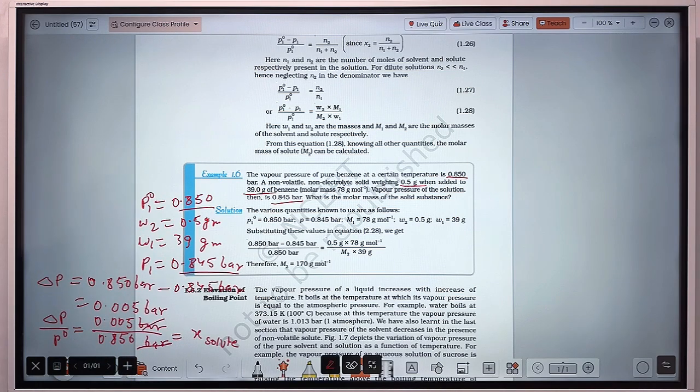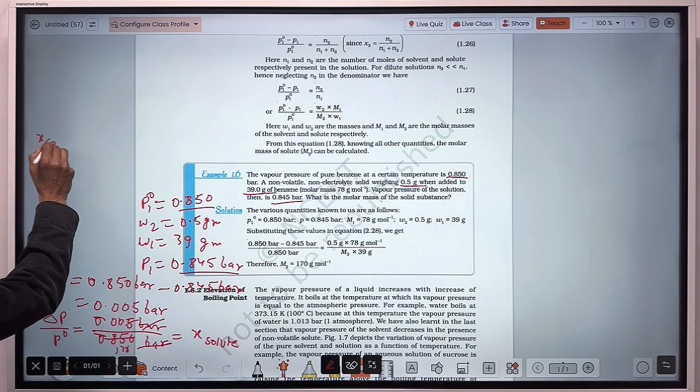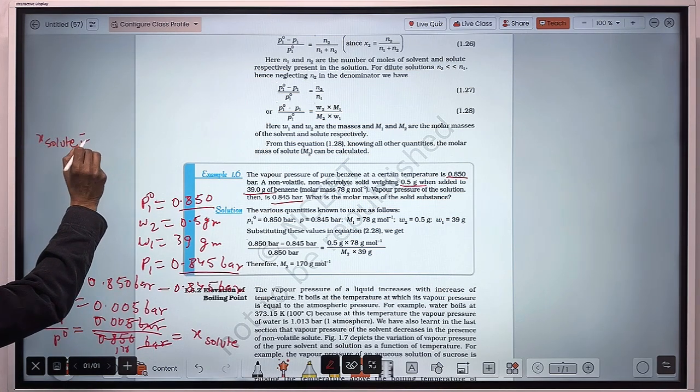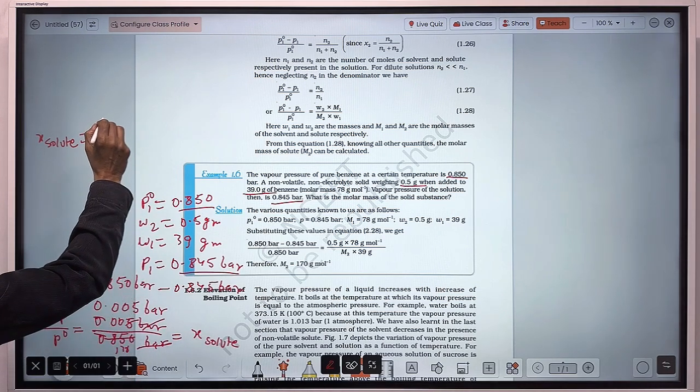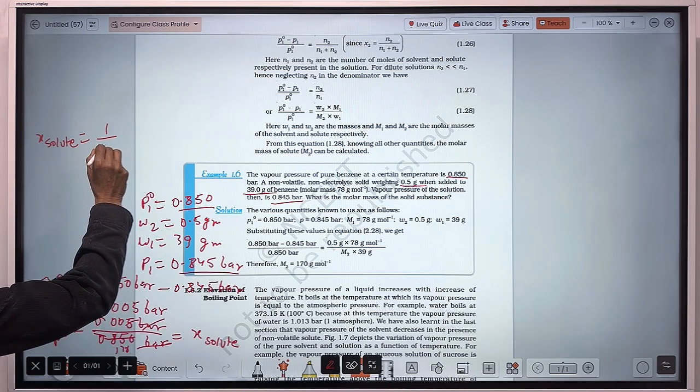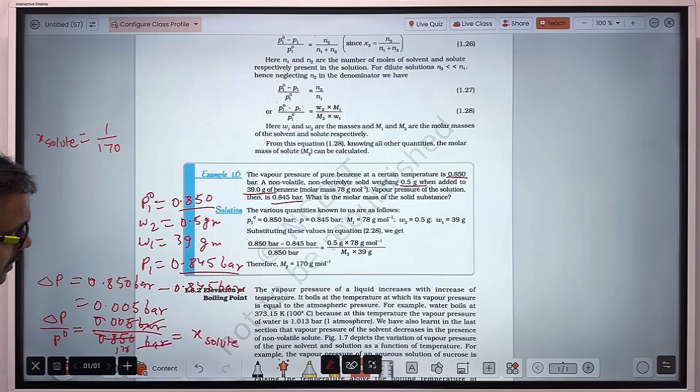Bar will cancel out, and the decimal cancels out. So that will be equal to 5 upon 850, that is 1 upon 170. So the mole fraction of solute will be 1 upon 170.